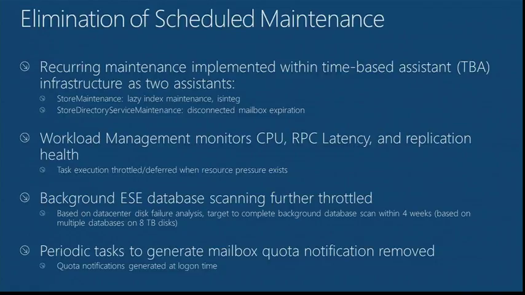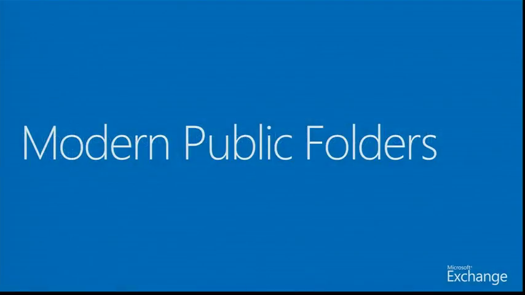Should we throttle back mailbox moves because they're generating too much logs? Should we throttle back user activity because they're generating too much CPU use on the mailbox server? Or do we need to throttle back some of these time-based assistants that run under workload management simply because there aren't that many resources available in the box? Okay, so that's where that comes into play.